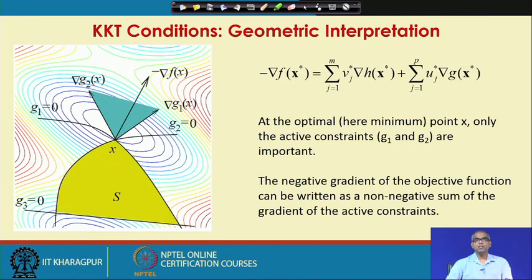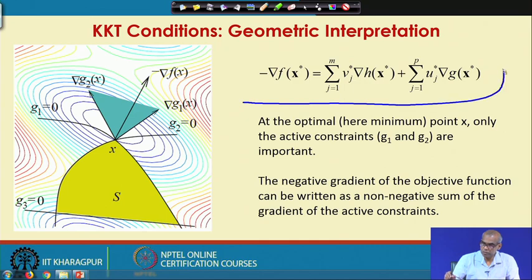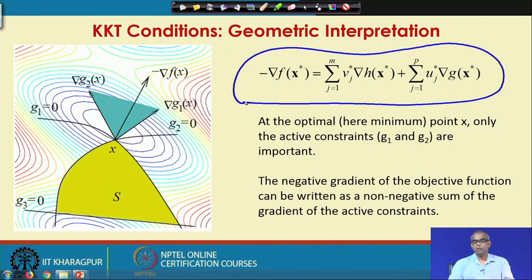So, now let us try to understand the geometric interpretation of KKT conditions. This must be satisfied at a stationary point.